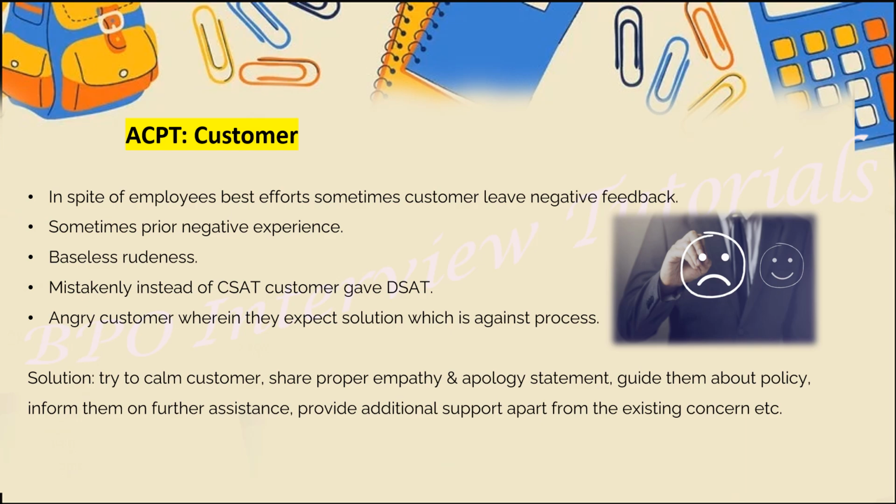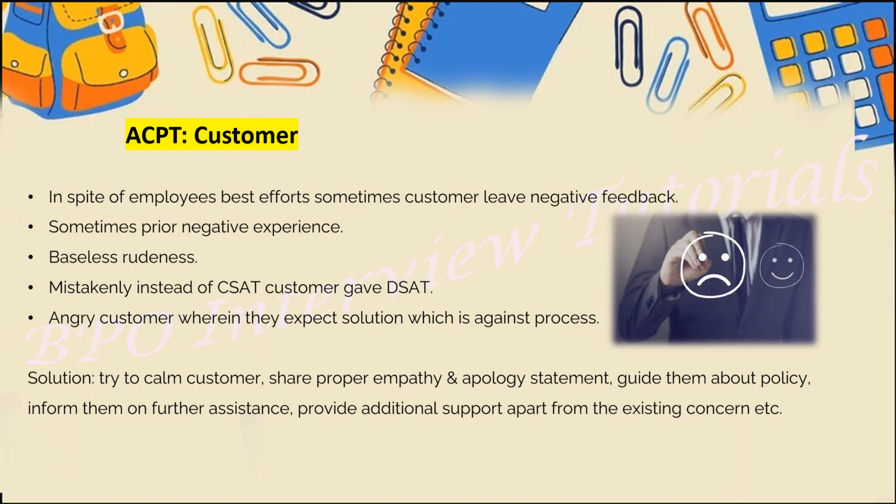Now I'm not telling we can also keep such kind of issues in process. Okay, but what I'm telling is, if customer unrelevantly they are just dragging the things, they know everything, like they'll not get a refund at the end, but they're just dragging the thing and they give DSAT. Second, they want to give CSAT, mistakenly they clicked on DSAT.